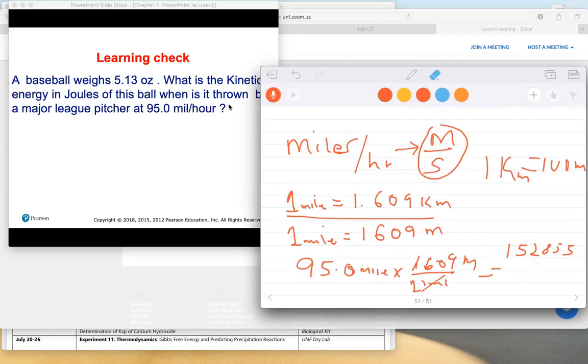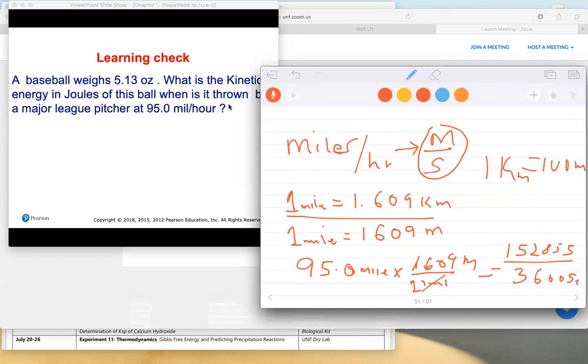So if I change that 152,855 per hour, in 1 hour we have 60 minutes, and in 1 minute we have 60 seconds. So I can divide this by 3,600 to change to what? To change to seconds. That will give me my speed in what?